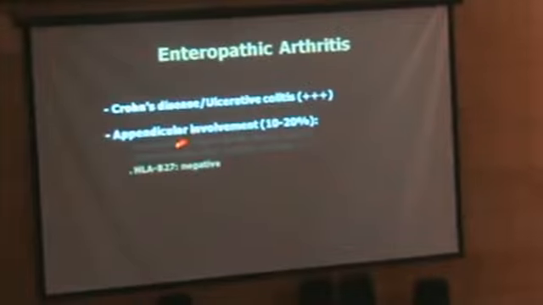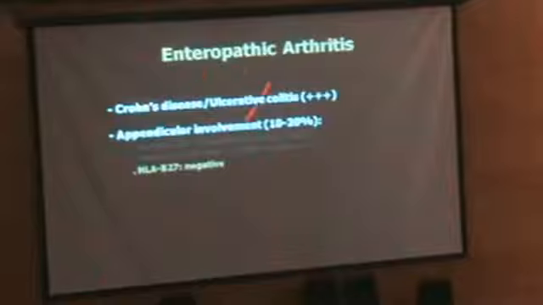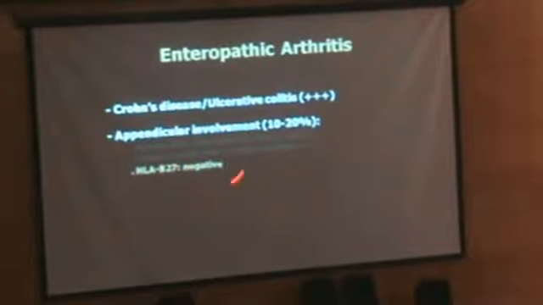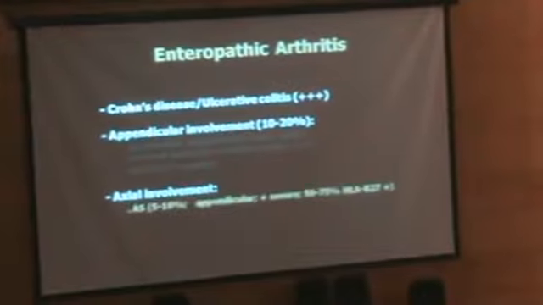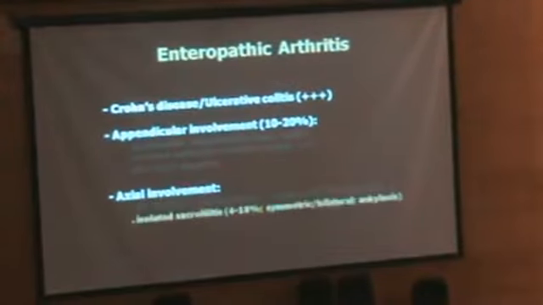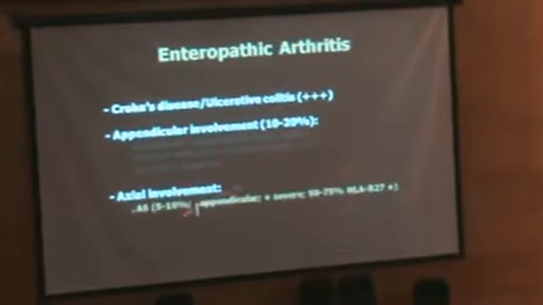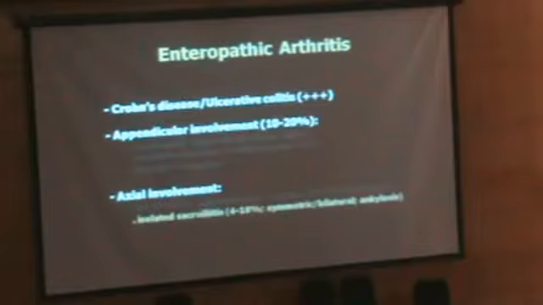The problem is that when we have appendicular involvement, HLA-B27 is negative. However, when we have axial involvement, HLA-B27 will be positive in up to 75%, and this is helpful to make the diagnosis. We can see isolated sacroiliitis in up to 18% of cases, symmetric, bilateral.